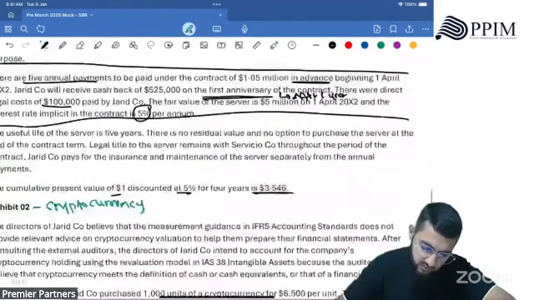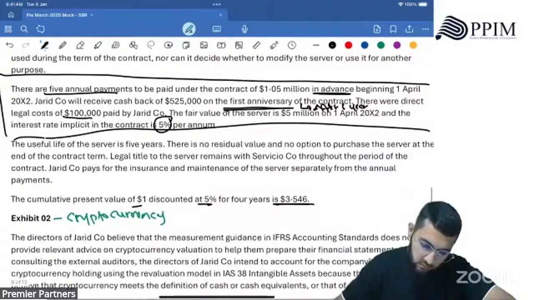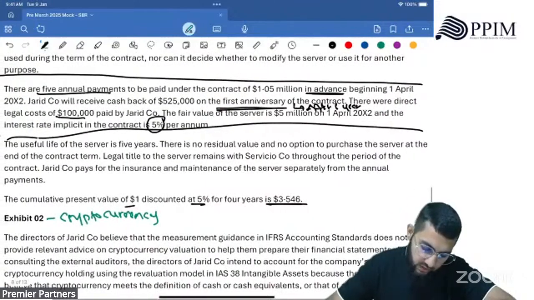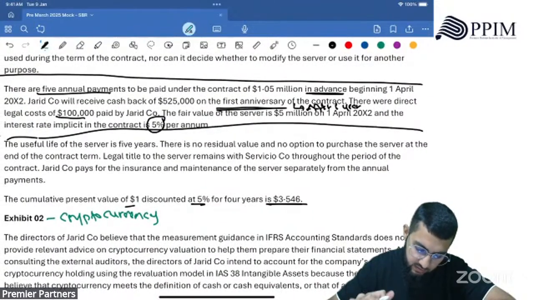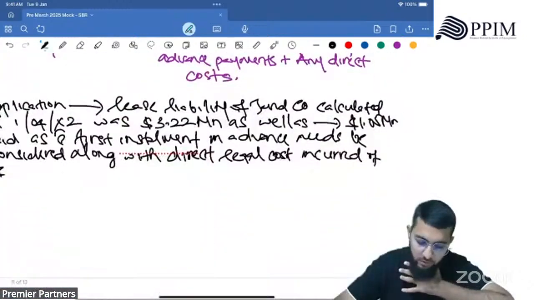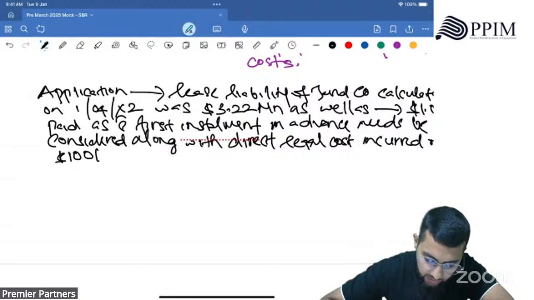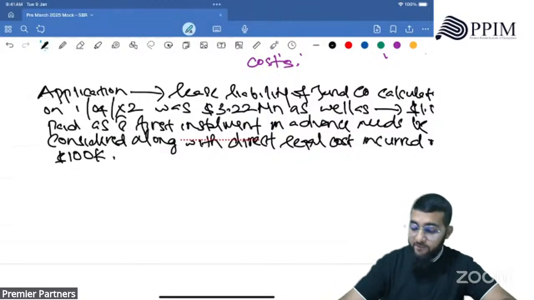What's the direct legal cost? Direct legal cost of 100,000, right? 100,000. So useful life is 5 years. No residual value, that's not relevant. So useful life is important for depreciation, subsequent measurement. Of 100K. All right.